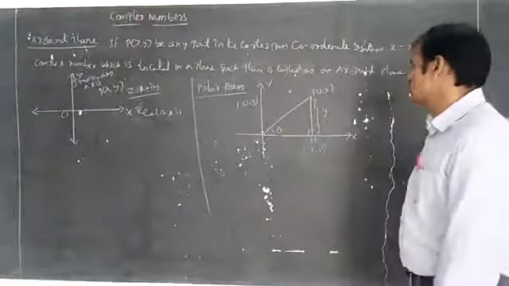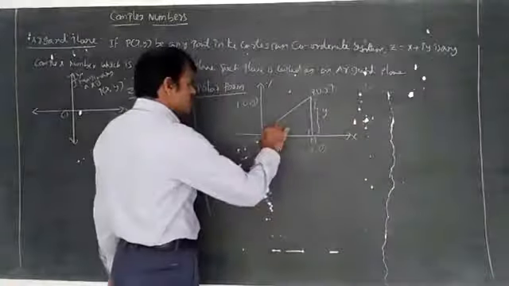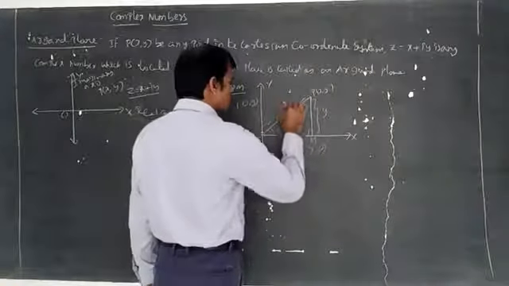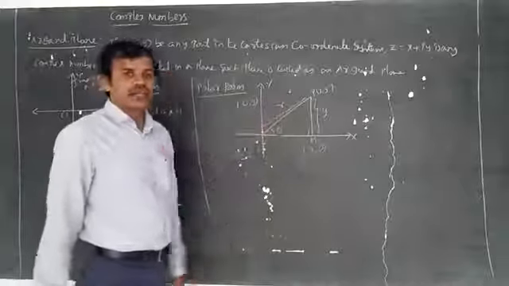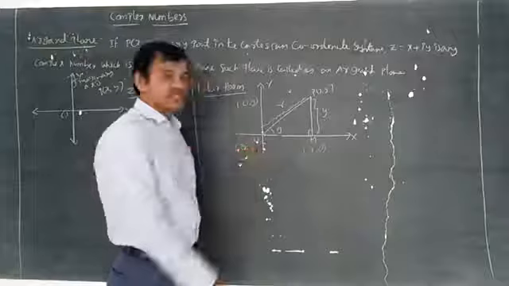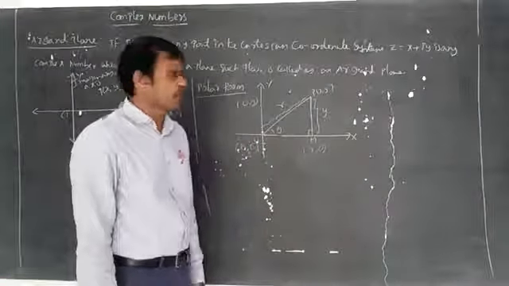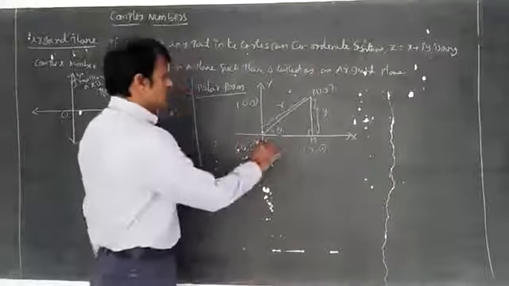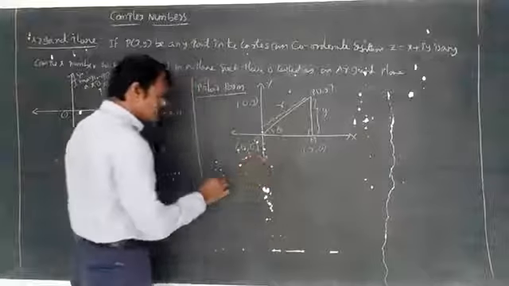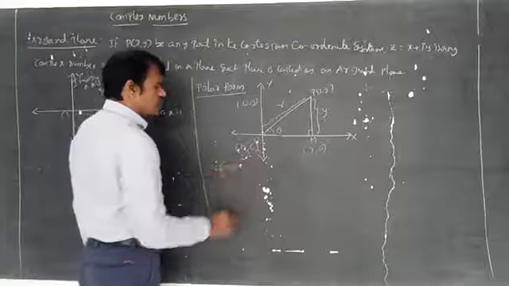So what is happening here? This is r units. The point P is r units distance from 0 comma 0. What is the point? The point P x comma y. In the Cartesian coordinate system, we can say the angle, cos theta and sin theta, we mentioned.